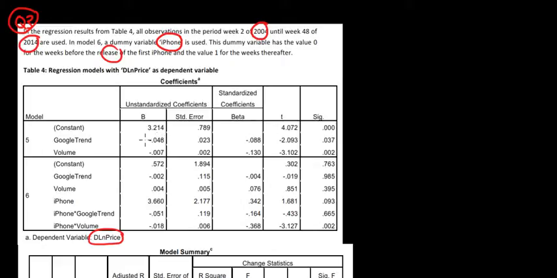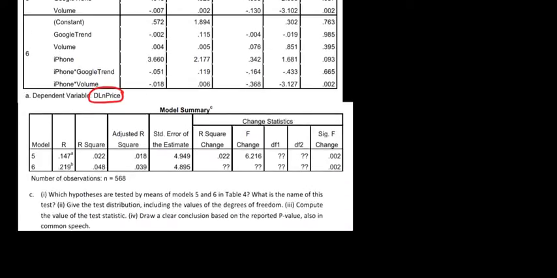That's why we would like to know if this indeed is the case, if this is significant or not, that the release of the iPhone would increase the demand for the stock and the price of the stock respectively, such that the regression would take a different slope after the release of the iPhone.